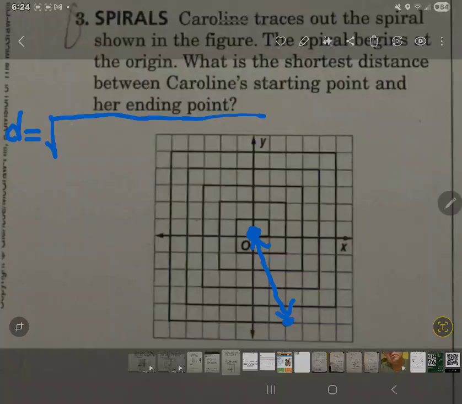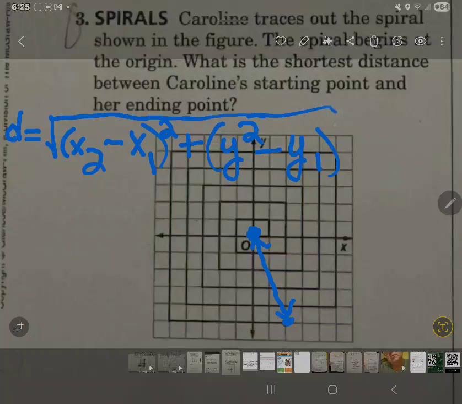All it is is the furthest away x value, think of it that way, minus the closest x value, and then all of that squared, plus the furthest away y value minus the closest y value, and then all of that squared. Okay, did that make sense?